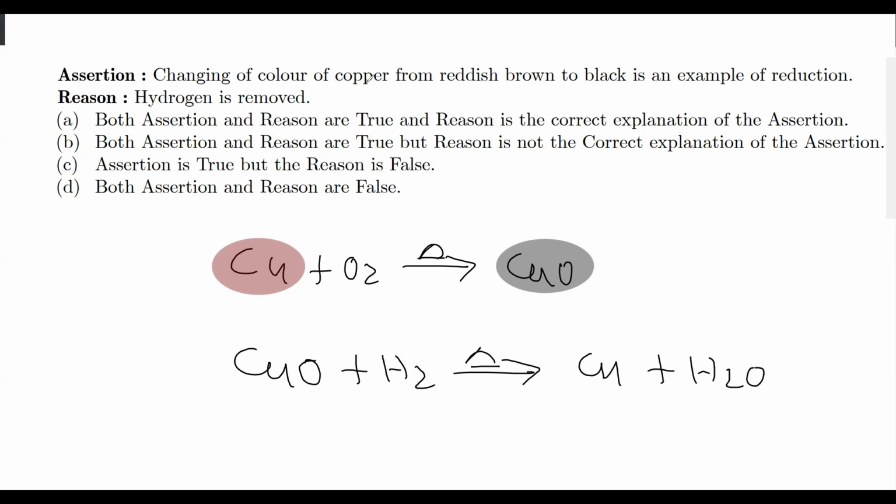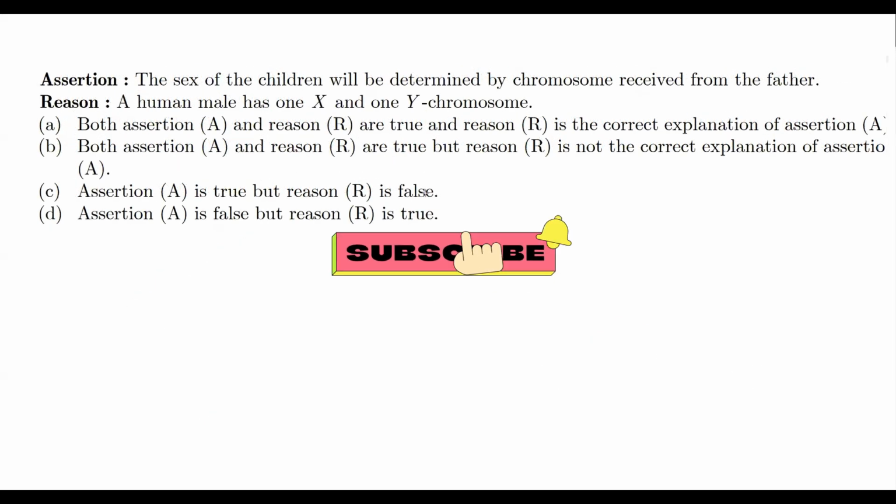So what you should know here is that this black coating of copper oxide will be slowly removed and reddish brown copper will be obtained. Well, from here you can see this is a reduction because oxygen is being removed. So this is reduction and this is oxidation.